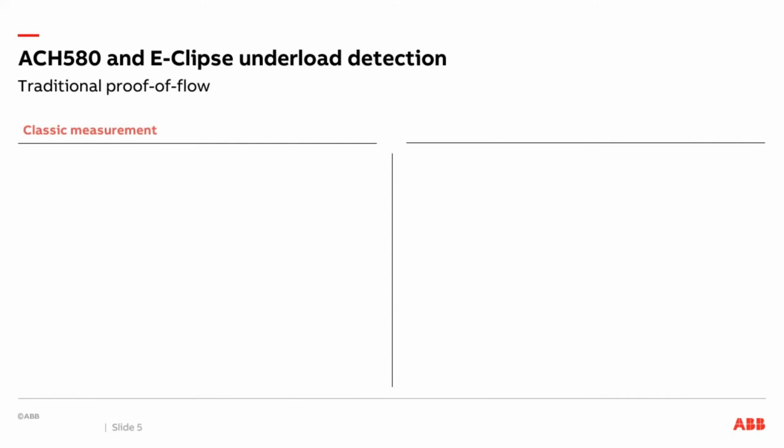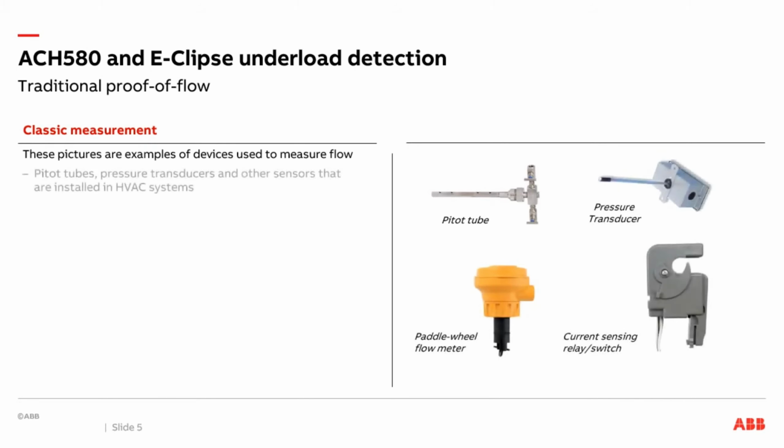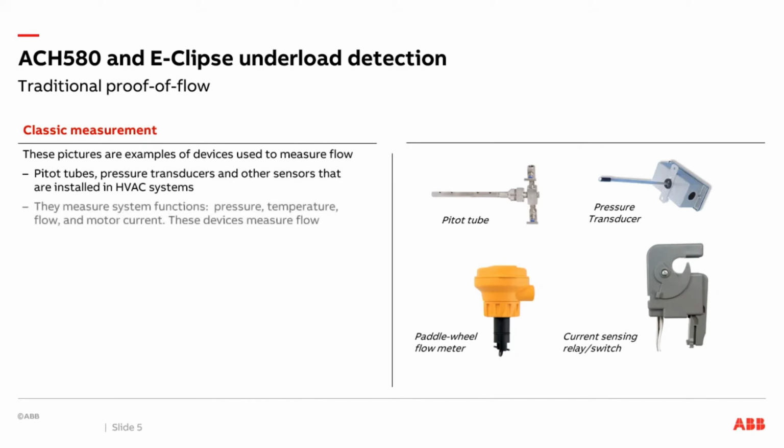There are many proven methods to detect flow. The devices shown on the right illustrate types that are used to measure different system functions. Items like pitot tubes, pressure transducers, and other sensors are installed in HVAC systems, and they measure different functions like pressure, temperature, flow, and current.